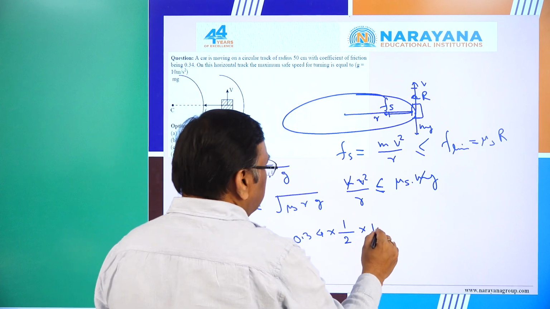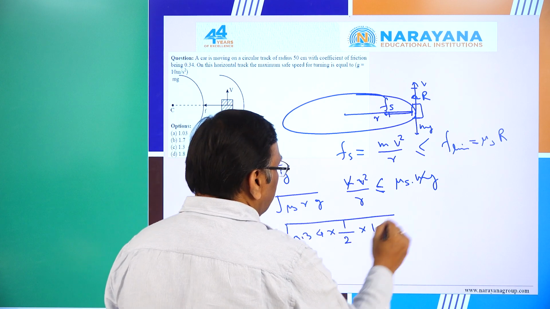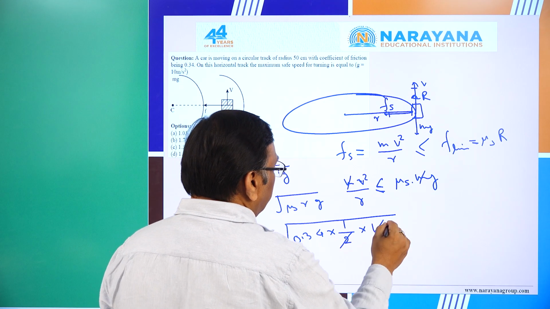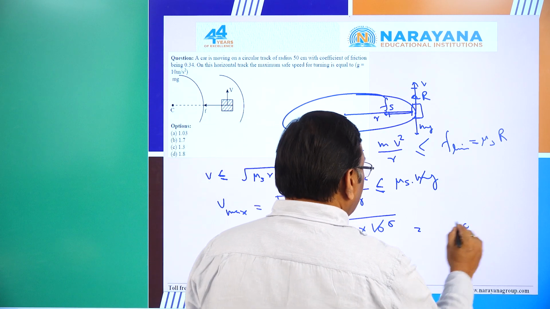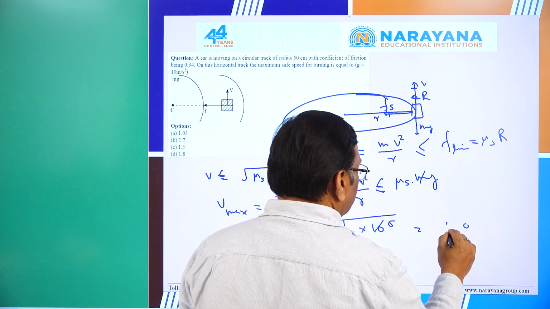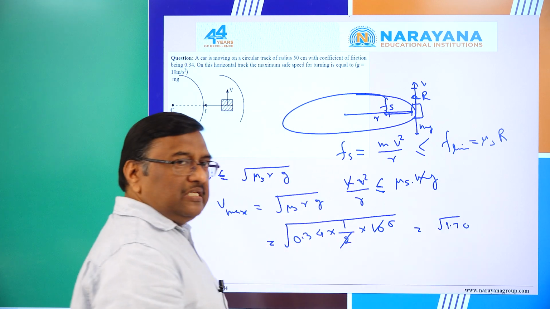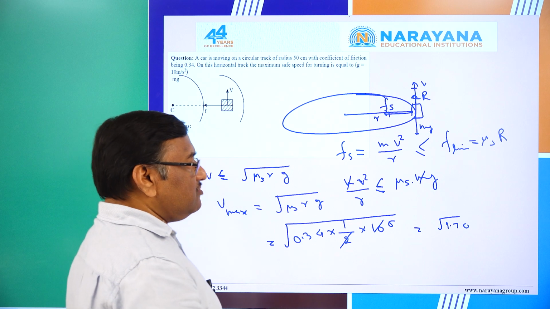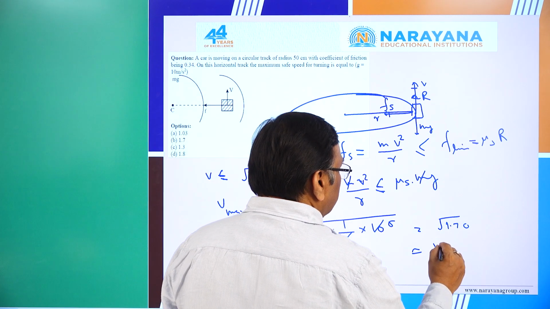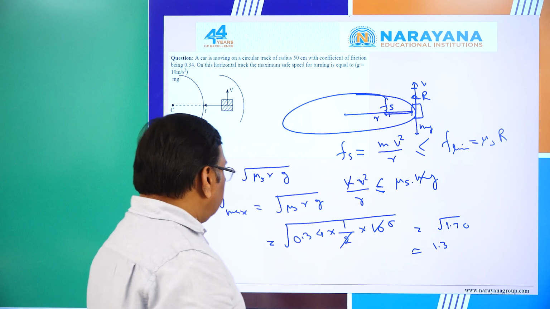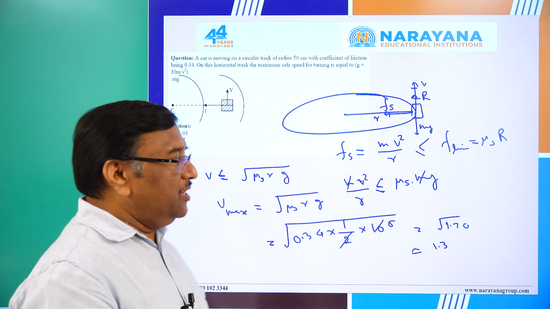If you simplify this, 5 into 4 is 20, and 5 into 3 is 15, so it is going to be under root 1.7. And 1.7 is nearly 1.3 square, that is 1.69 nearly, so the maximum velocity should be 1.3 meter per second.